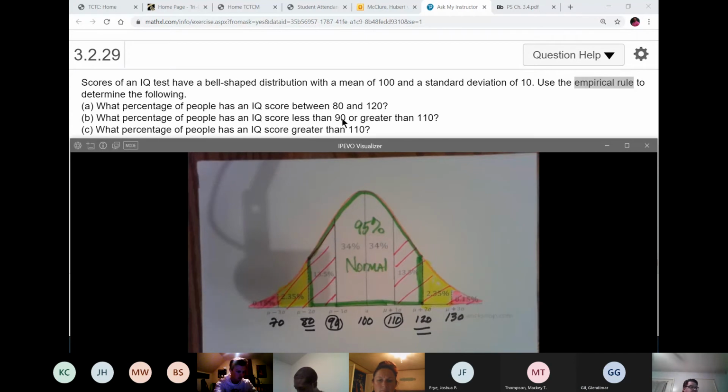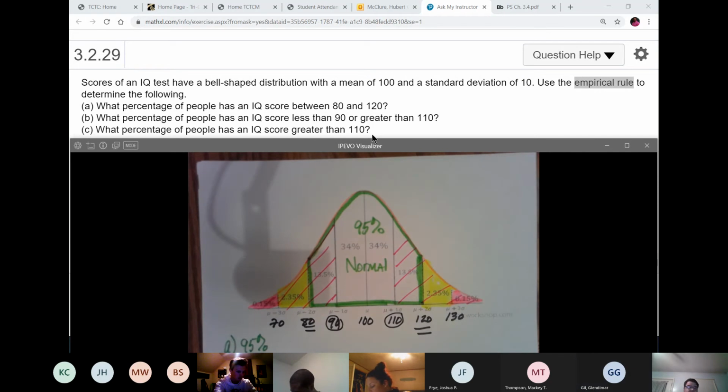And we said that A was 95%. And let's see what C says. What percentage of people have an IQ score greater than 110? Well, that's 13.5 and 2.5, what is it? 16.